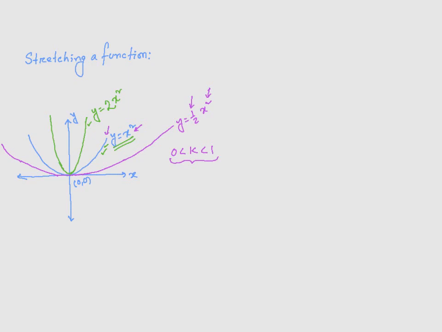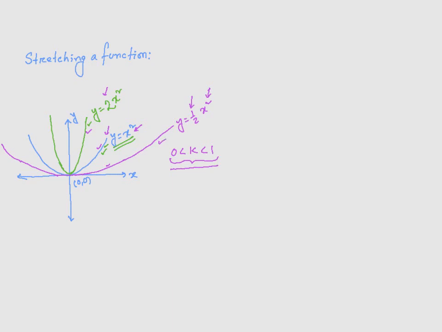In reality, if this function is going up by 1 unit at a time, this is going to go up by half as much. On the other hand, this is going to go up by twice as much because I have multiplied it by 2. So remember, if you are multiplying by a factor between 0 and 1, meaning a fraction, the effect of that multiplication is stretching the original function horizontally, making it look flatter and wider.